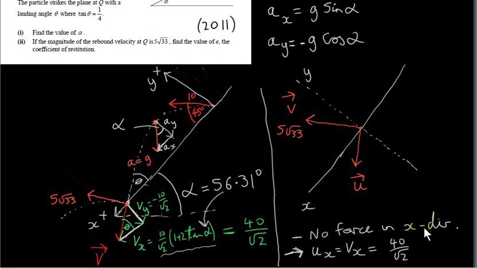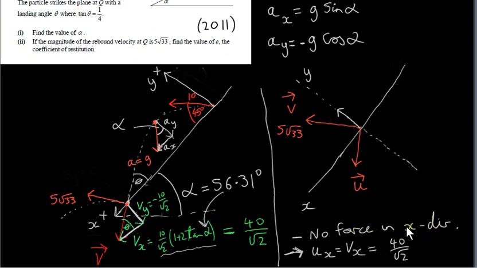Now if you haven't done collisions before, I'll just give a brief rundown of the logic behind this. When the ball strikes the surface, there is no force in the x direction. The force on the ball or particle, whatever it is, is entirely in the y direction. That's an important fact. So that tells us that the x components of the velocities, these two velocity vectors, are the same.